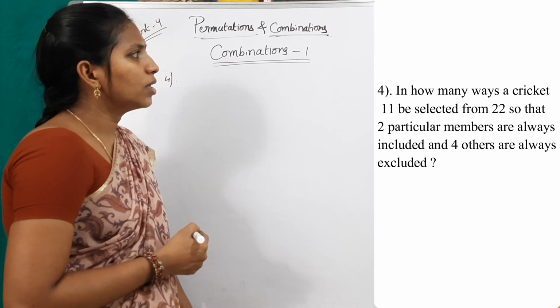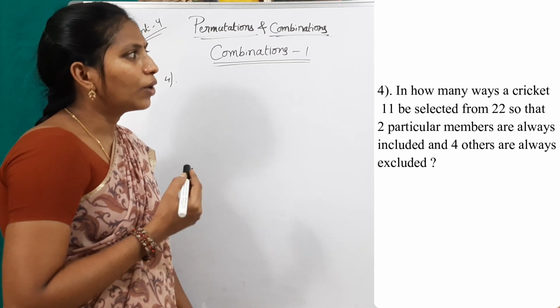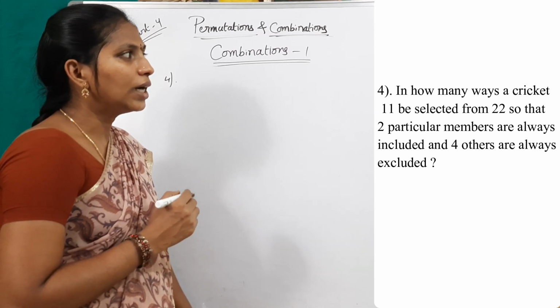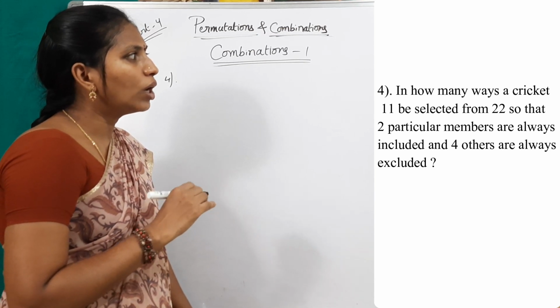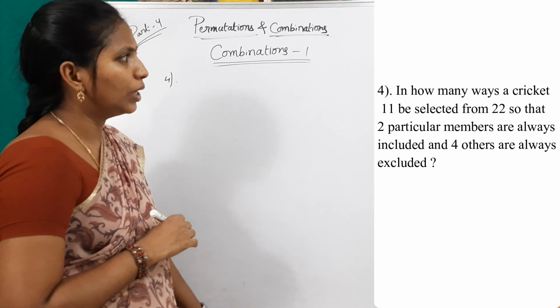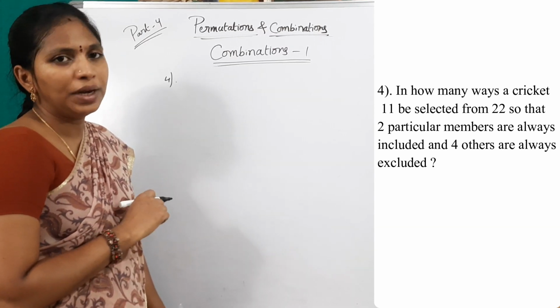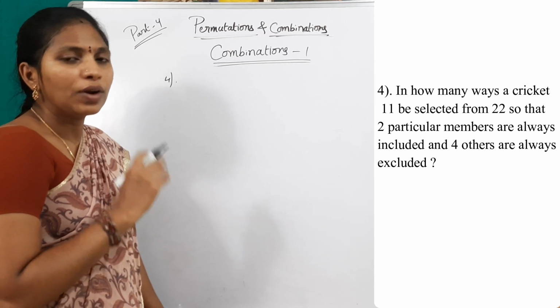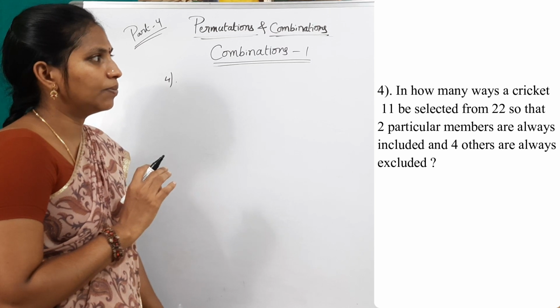In how many ways can a cricket 11 be selected from 22 so that 2 particular members are always included and 4 others are always excluded? From 22 members, we should select how many members? 11 members.